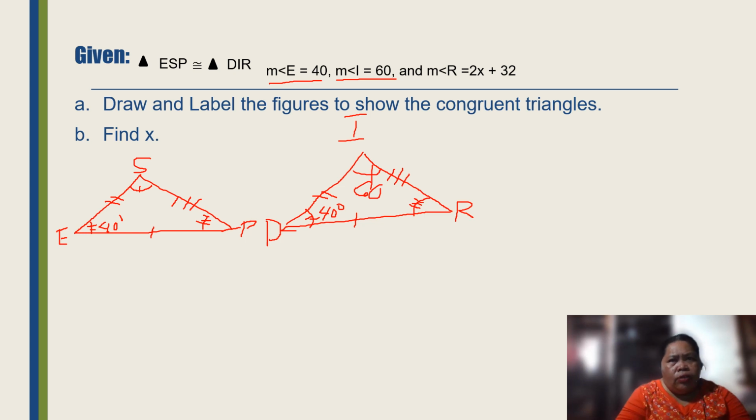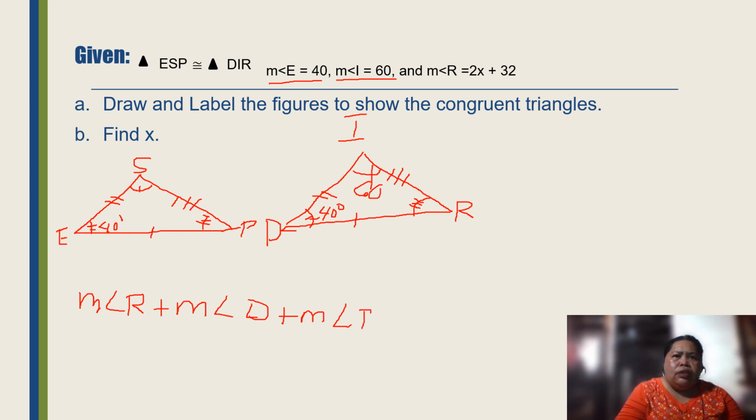Now let's try to solve for R. The measure of angle R plus the measure of angle D plus the measure of angle I is equal to 180 degrees.